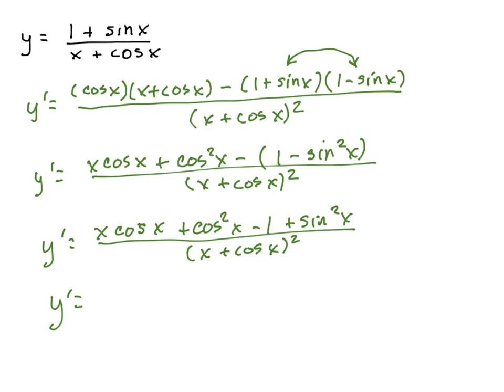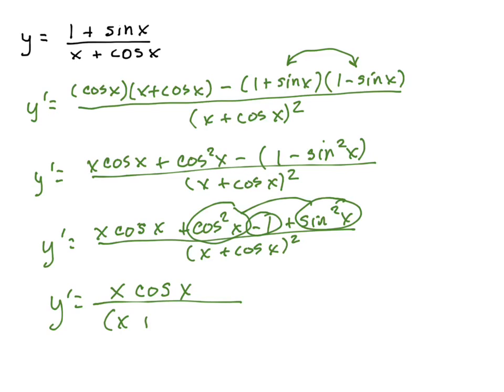Ultimately, these two terms make 1, and we're subtracting 1, so all that cancels out, and we end up with just the cosine of x over x plus the cosine of x, squared.